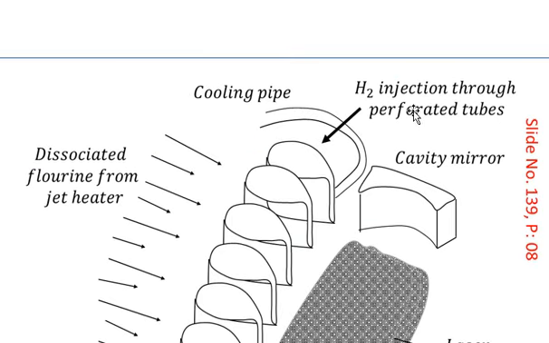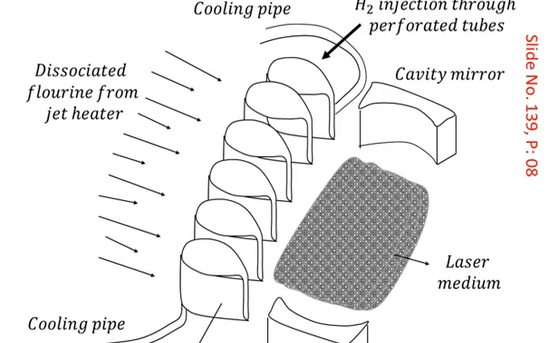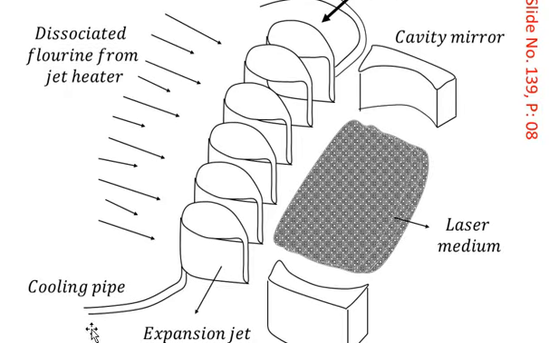And H2 injection through perforated tubes. So these are the perforated tubes, and here we inject hydrogen gas. And you see that the cooling pipe is circling around these jets, and cooling is produced. You see that the cooling pipe is coming out from here.